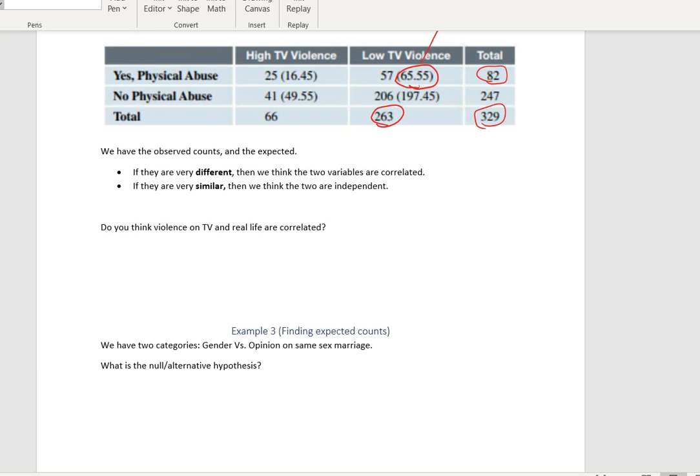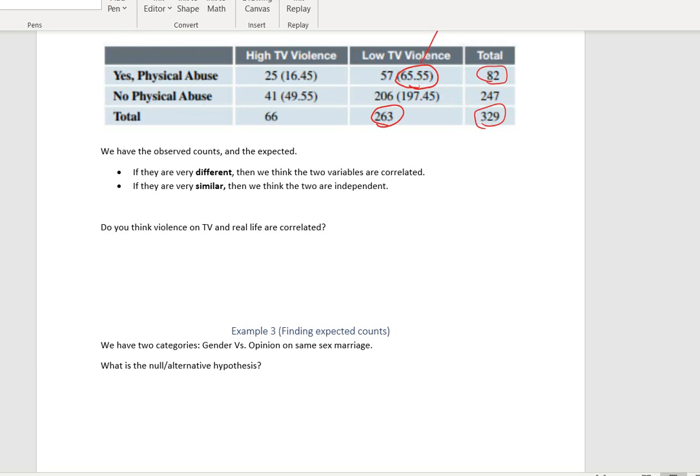Now the rule of thumb is if the observed versus the expected is very different, then we think that the two variables are correlated. If they're very similar, then we have some evidence to show that they are independent. So without knowing the actual math behind this, which we'll learn a little bit later, just going with your gut, do you think that TV violence and real life violence are correlated or not?